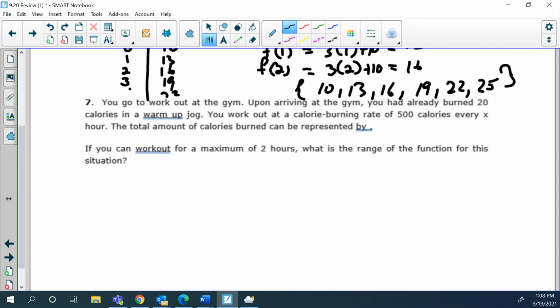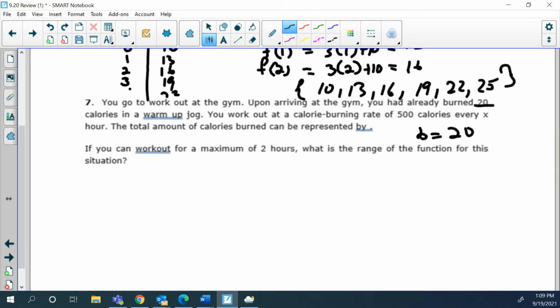All right. Let's see. You go to work out at the gym, and before arriving at the gym, you already burn 20 calories. So you know that's going to be your B right there. So my initial value, B, is going to be 20. All right. And then you work at a rate of 500 calories every hour.